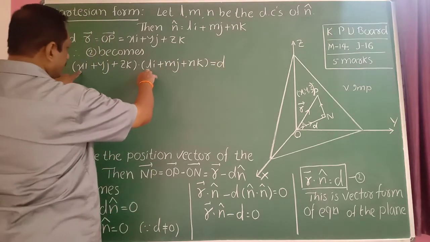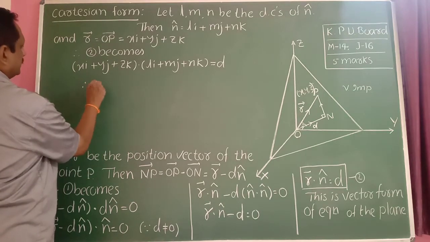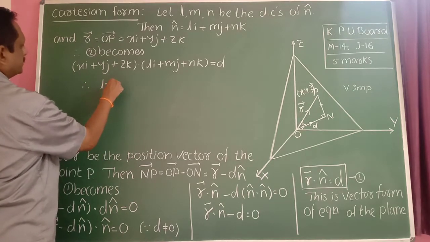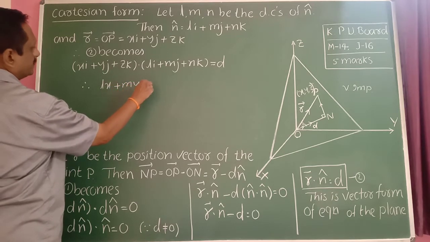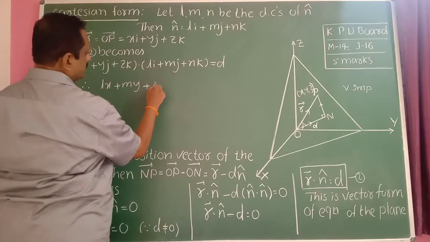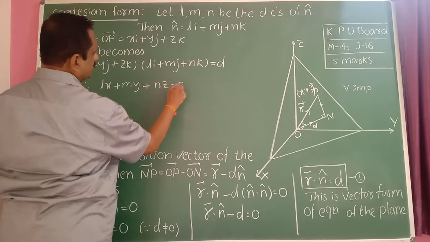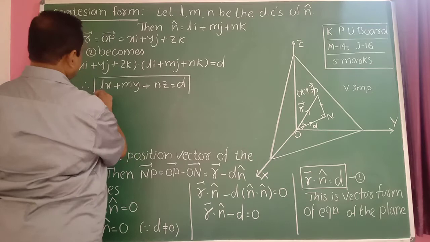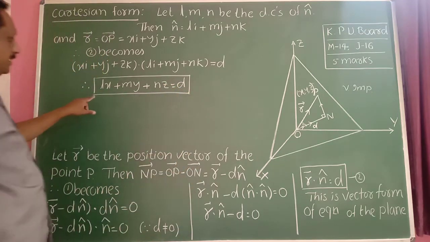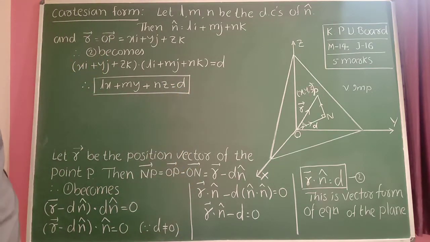So X into L becomes Lx here. So L into X plus y into m becomes my, m into y plus z into n becomes nz is equal to D. It is a dot product here. So using a dot product property, you get this result here: Lx plus my plus nz equal to D.